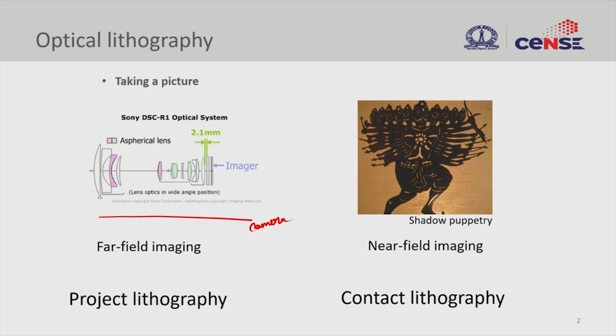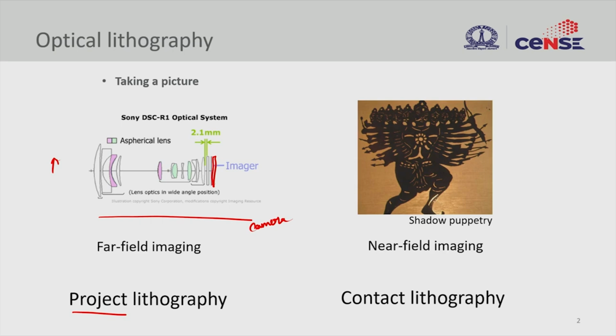So the camera uses multiple lens arrangements, and then the lens arrangements allow an object that is placed in front of the camera to be imaged to this CCD, right? This is a solid state device. So this is how we do the imaging, right? And the object is far, so we say this is far field imaging, or in other words, it's a projection lithography.